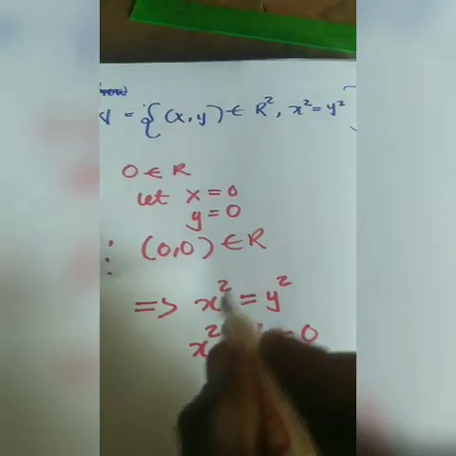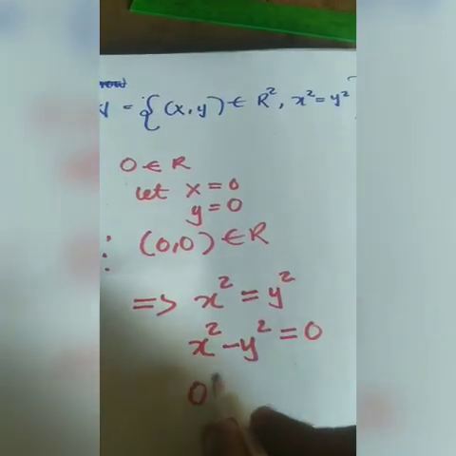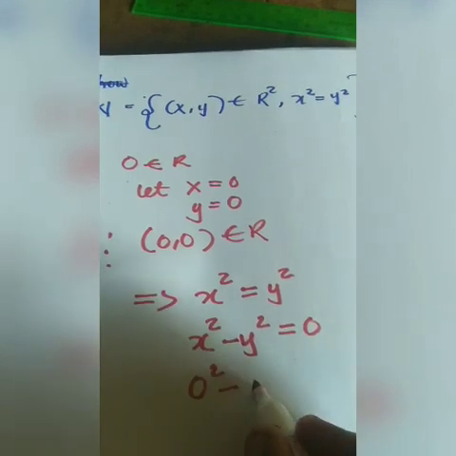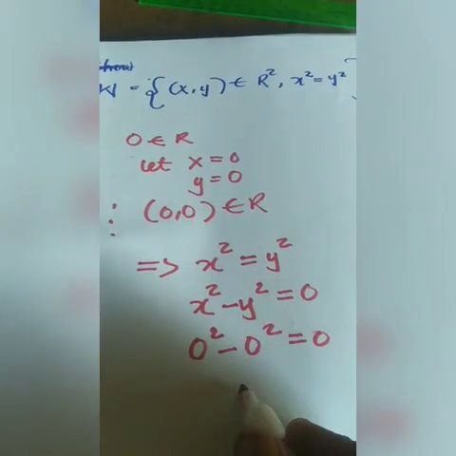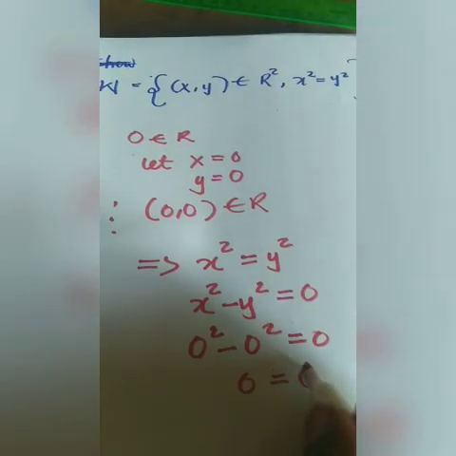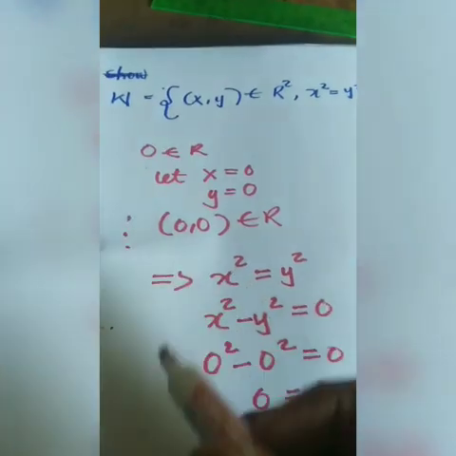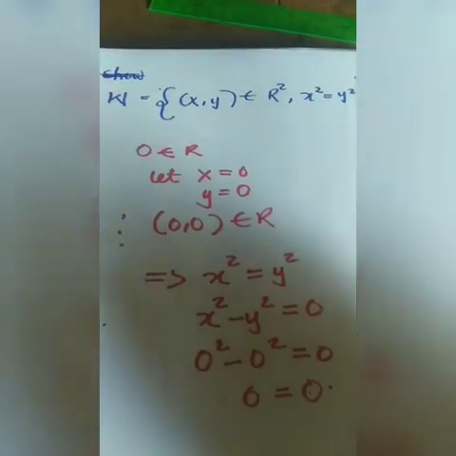So I say let x equal 0. If I say 0 squared minus 0 squared is equal to 0, so meaning 0 is equal to 0. Since it satisfies this condition, therefore it contains a 0 vector.